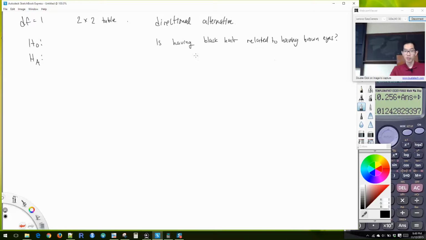The null hypothesis would be that black hair and brown eyes are independent. And then the alternative will be that having black hair increases the probability of having brown eyes.